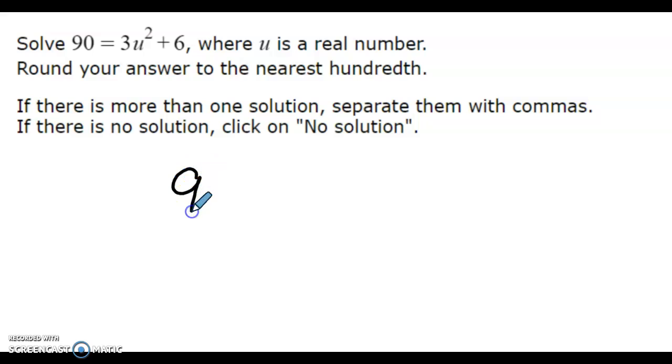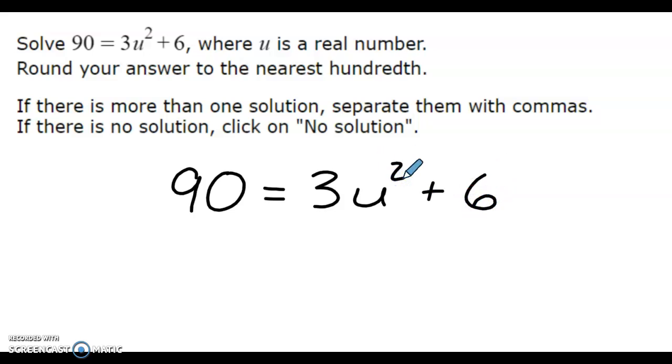So when you're looking at 90 equals 3u squared plus 6, you've done things like this before. You might not remember it because right now you're in the mode of seeing a variable squared and thinking that we have to factor, but you have done this.